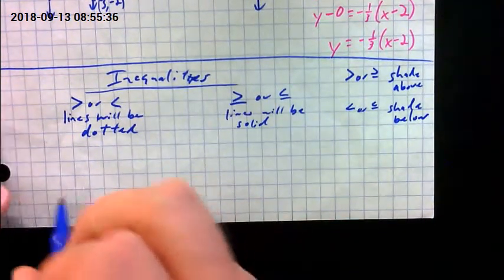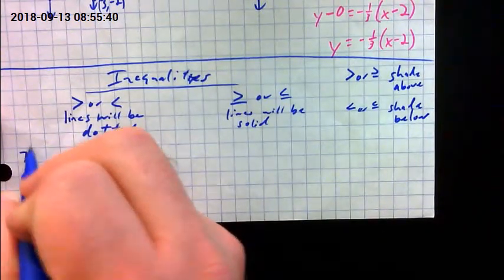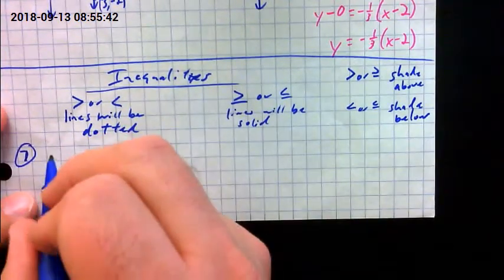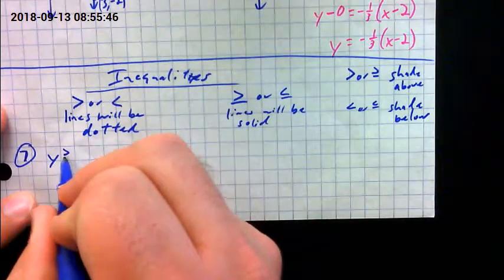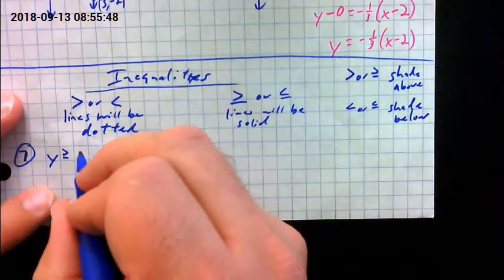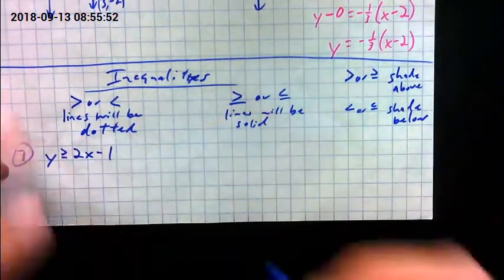So if I gave you an equation, and I'm only going to give these to you in slope-intercept form, y is greater than or equal to 2x minus 1.